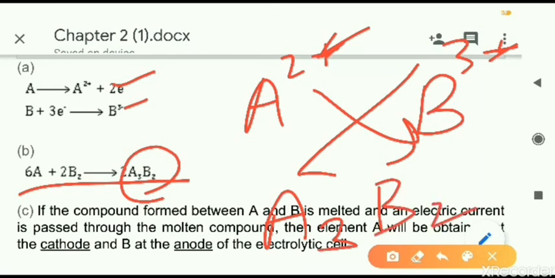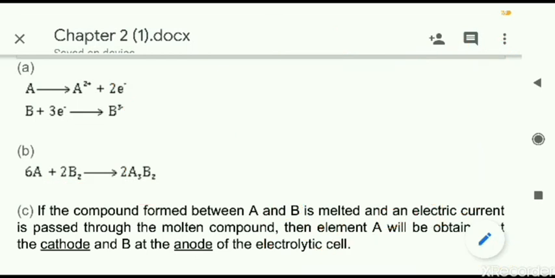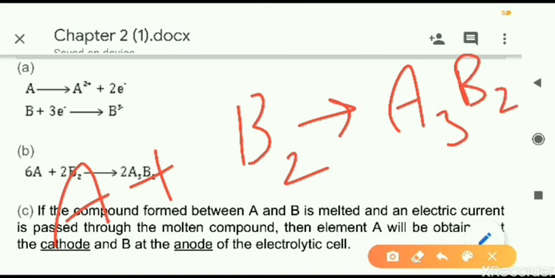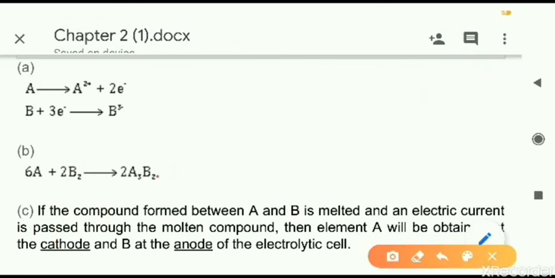That means if A and B combine, the compound formed will be A3B2. So we can write the equation: A plus the diatomic gas B2 gives A3B2. Now you have to balance this equation. For balancing, you can write any whole numbers. That is the equation after chemical balancing.